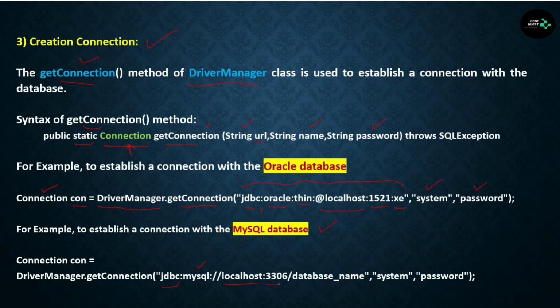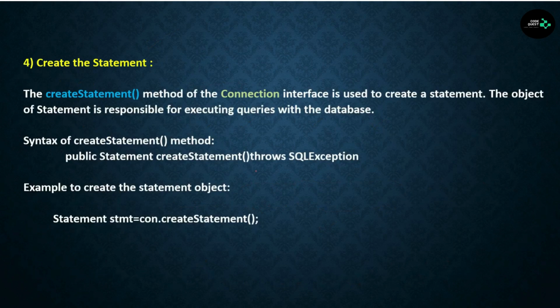And this is the port number 3306, followed by / and the database name, the database to which you want to connect. Once again, the second and third arguments are the username and the password that are required.